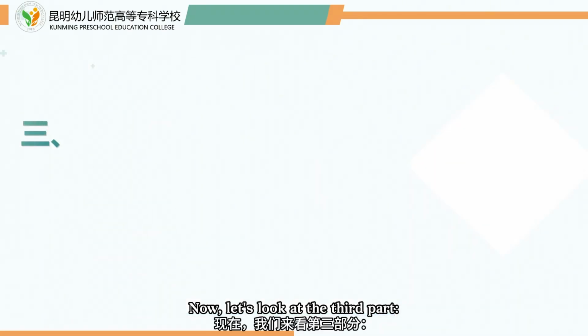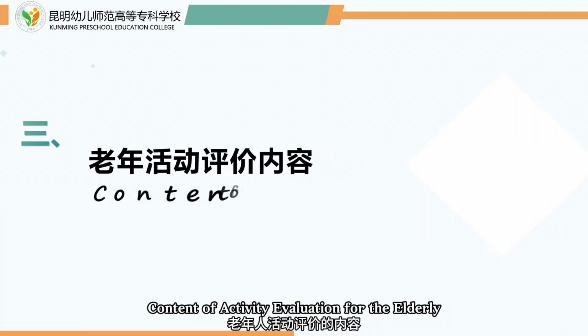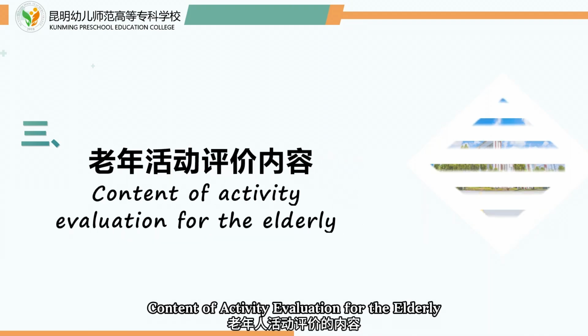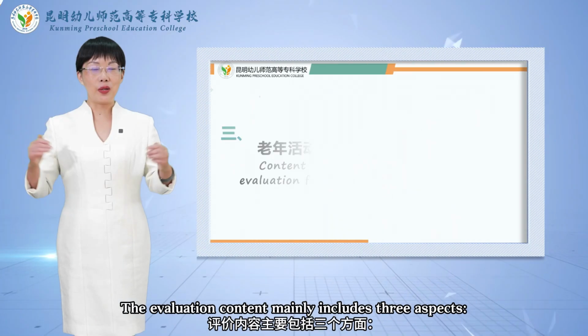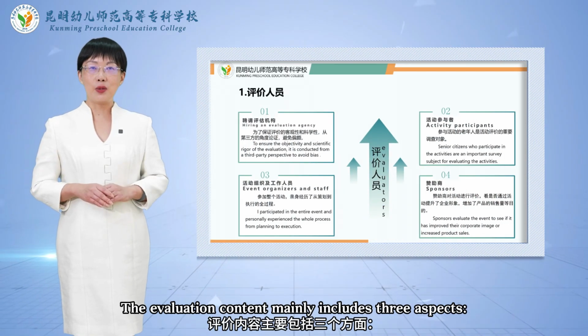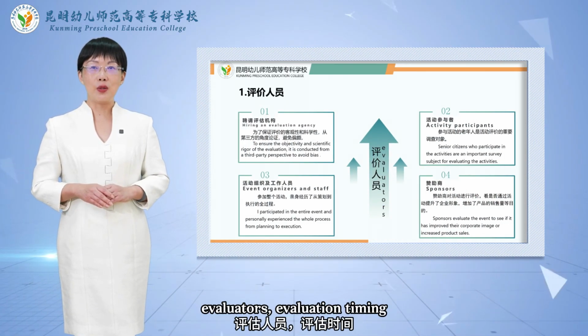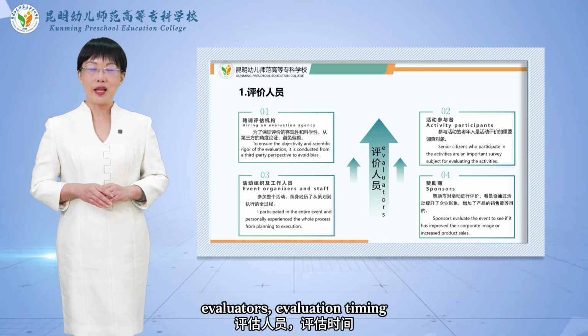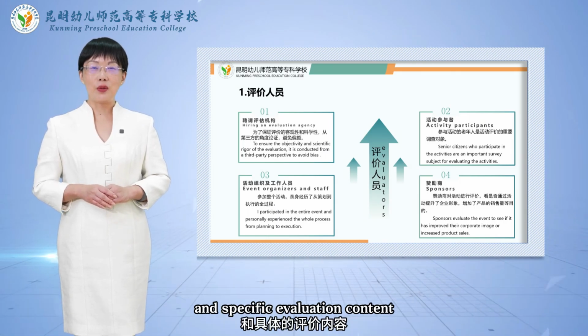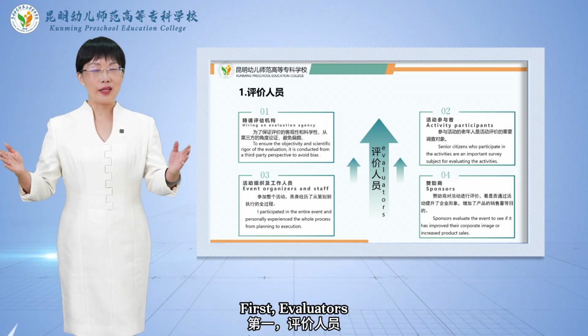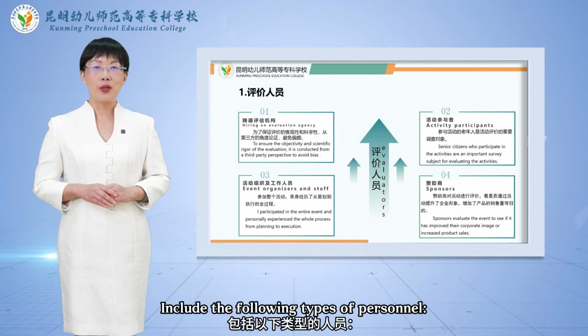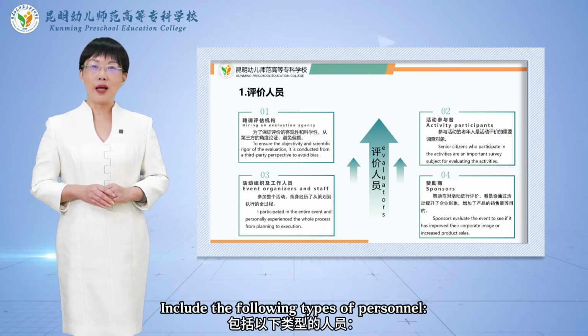Now, let's look at the third part, content of activity evaluation for the elderly. The evaluation content mainly includes three aspects: evaluators, evaluation timing, and specific evaluation content. First, evaluators include the following types of personnel.